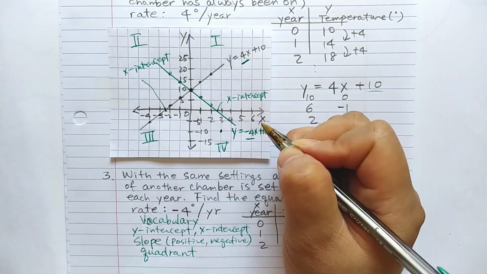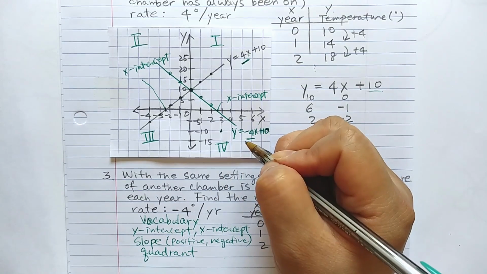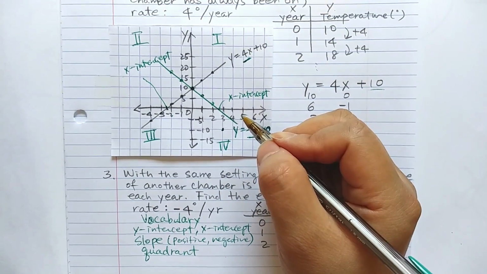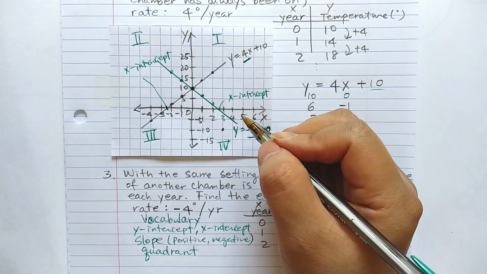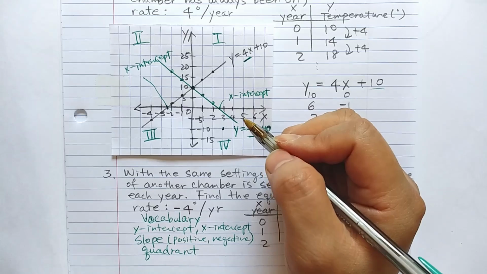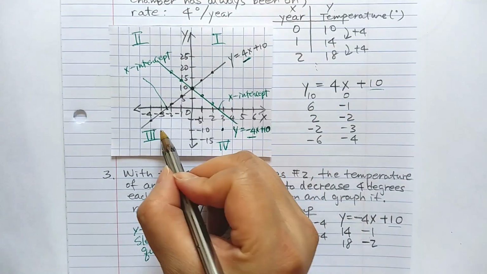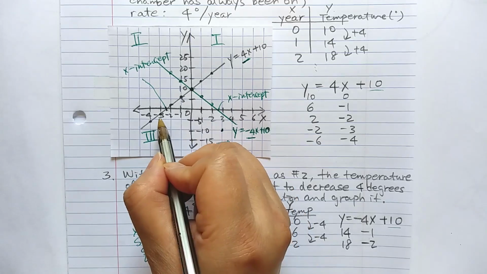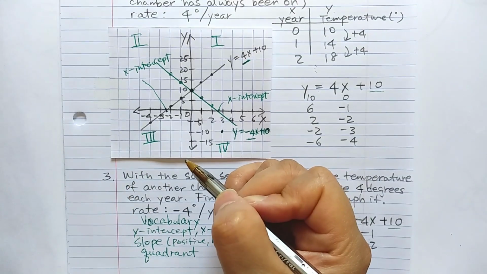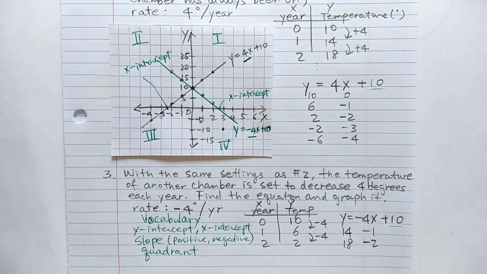Then you should be able to say it's in the fourth quadrant. Or if I say which quadrant is the point -3, -5 in, then you should say it's in the third quadrant because the point -3, -5 is right here. Try to remember all these terms before you move on to the next lesson.